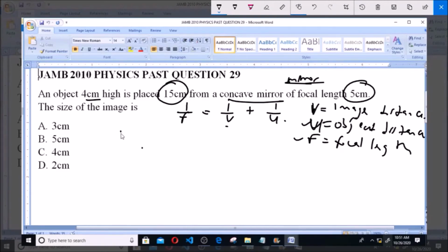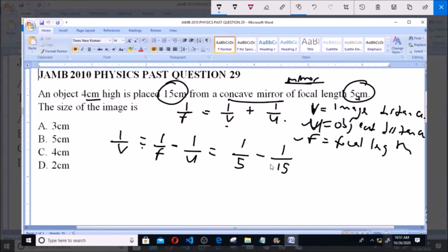Now 1 over v will be equal to 1 over f minus 1 over u, and that is equal to 1 over 5, the focal length, minus 1 over u, the object distance, which is 15.